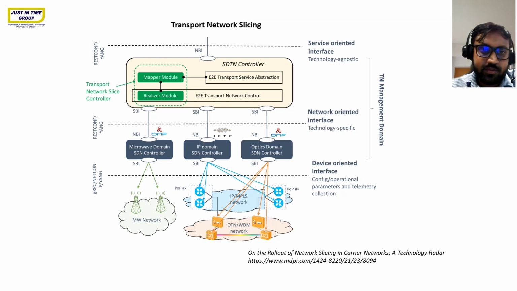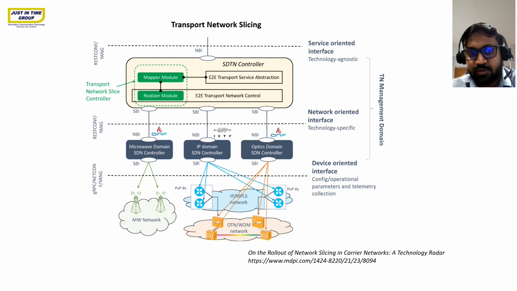And on the right side, the optical domain is also mentioned. You can have different types of southbound interfaces, usually to collect information from the network itself using, let's say, BGP-LS or anything like that.